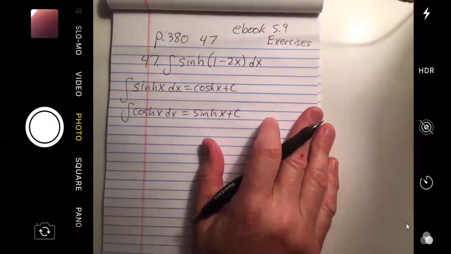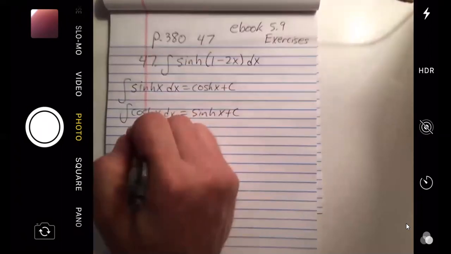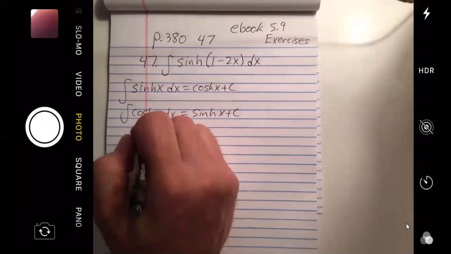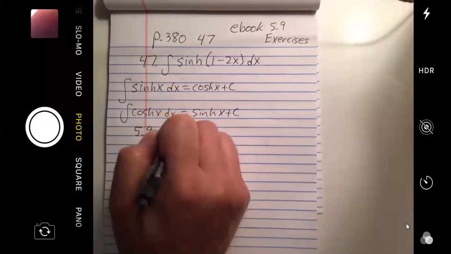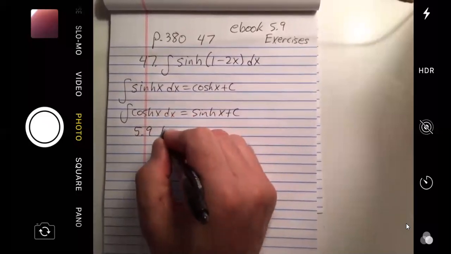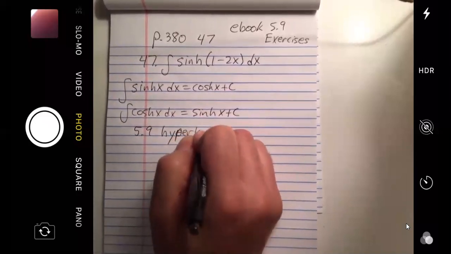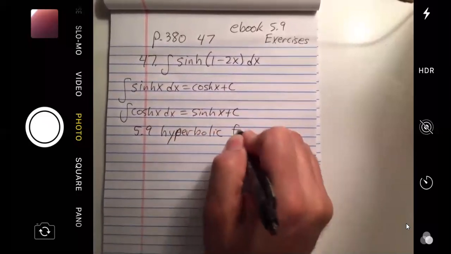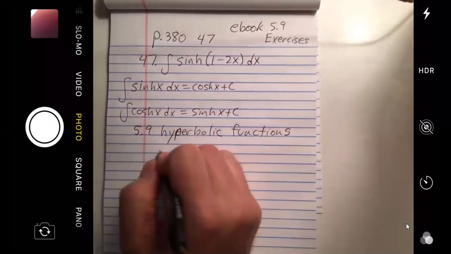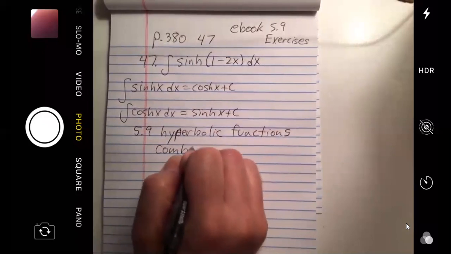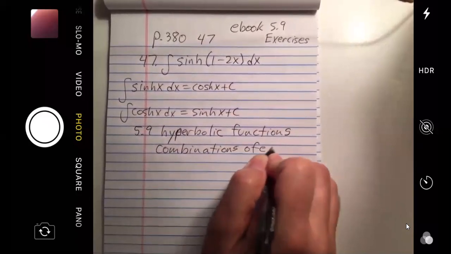Sure. Okay, Reader's Digest version. In 5.9, these are called hyperbolic functions. That's where the H comes from. The H comes from hyperbolic. They are basically combinations of exponentials.